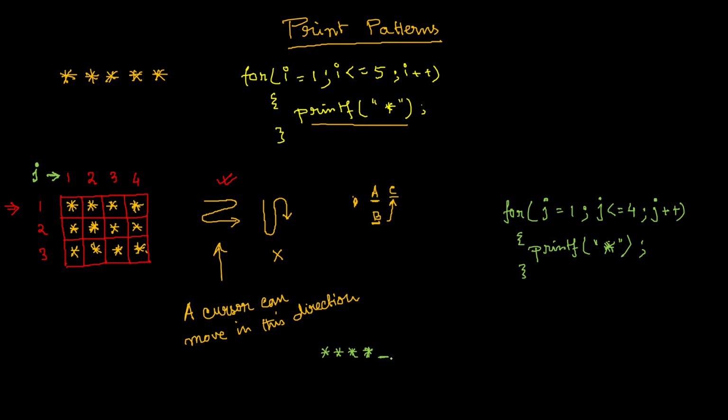Naturally, because the cursor is moving towards the right. Now looking at the actual pattern as a whole, after printing these stars you should print the set of stars in the same way for the second row, right?